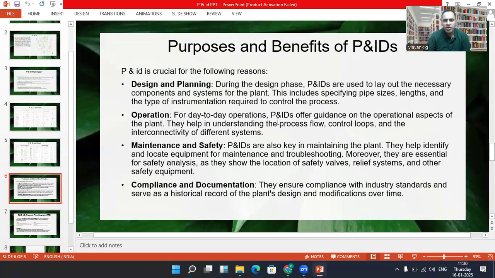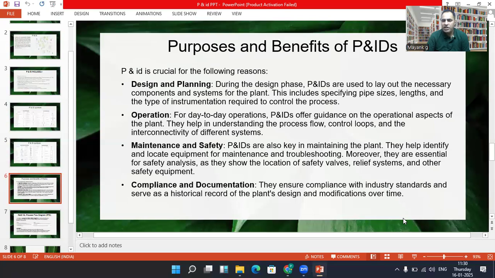Then in operation, for day-to-day operation, PNID offers guidance on the operational aspects of the plant. They help us in understanding the process flow, control loops, and interconnectivity of the different systems. So during operation, if you face any kind of issue, any pressure rise or temperature issue in your process, then PNID plays a very important role.